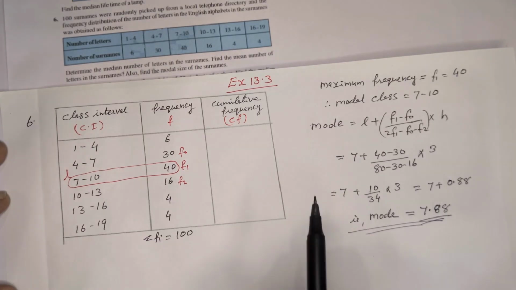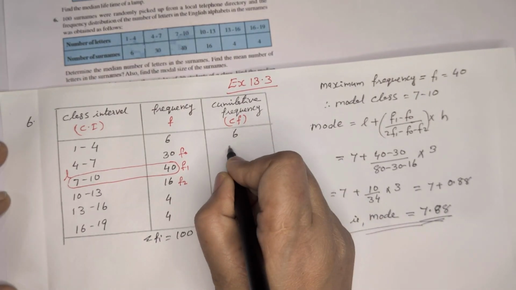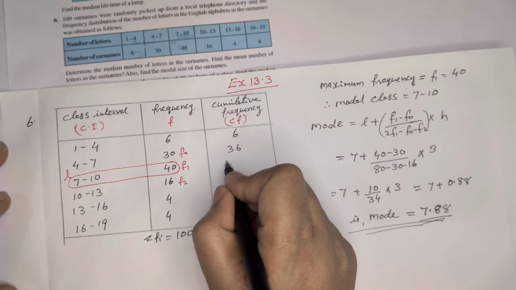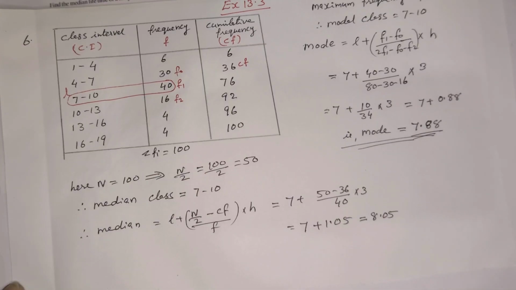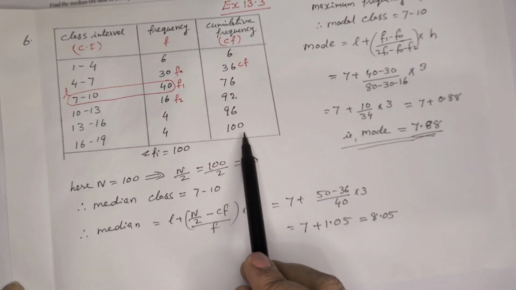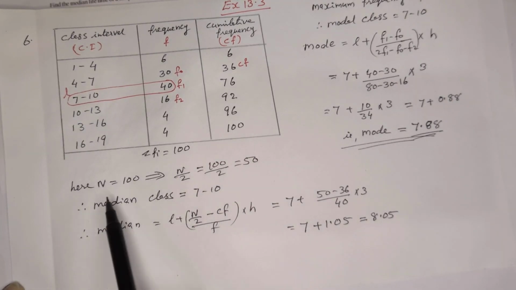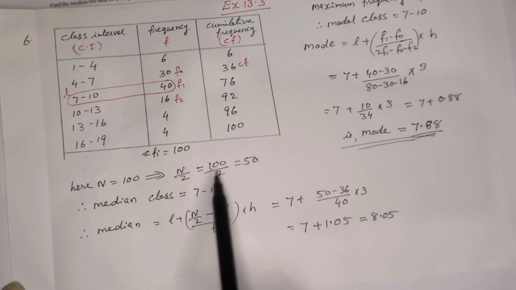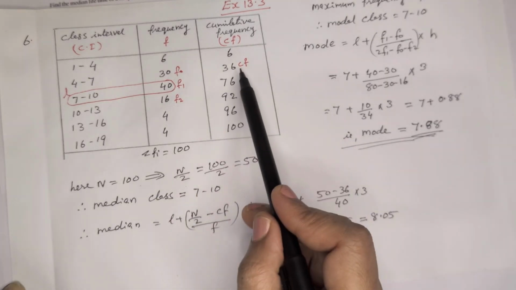Then median. For median, cumulative frequency 6, 36, 76. Here the last cumulative frequency and the total frequency are the same. Then n is equal to 100, n by 2 is equal to 50. So the median class is where cumulative frequency reaches 50.